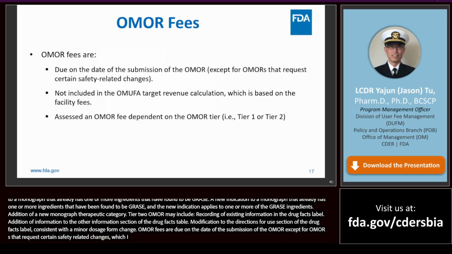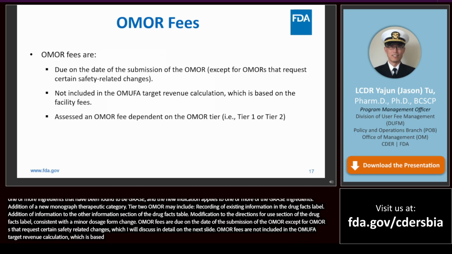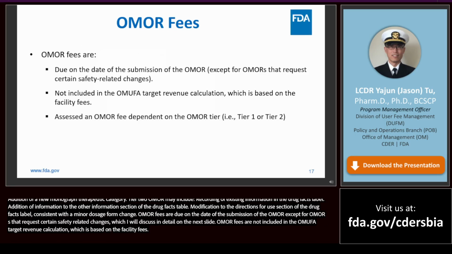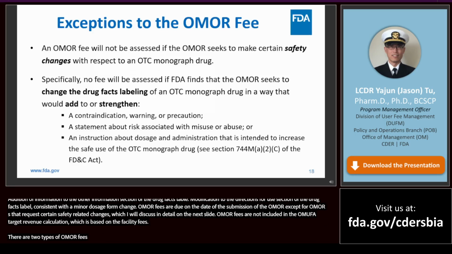OMOR fees are not included in the OMUFA target revenue calculation, which is based on the facility fees. There are two types of OMOR fees, Tier 1 or Tier 2. Exceptions to the OMOR fee include any OMOR that seeks to make certain safety changes with respect to an OTC monograph drug.